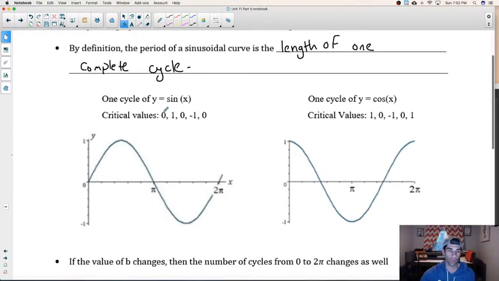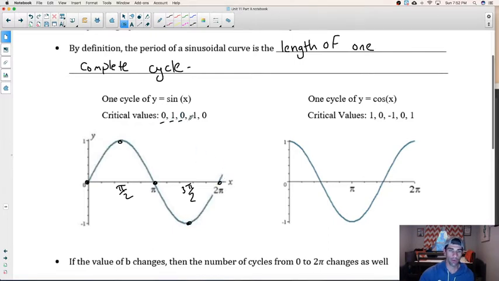This was important. We looked at those in previous lessons, the critical values, and remember those came at 0, pi over 2, pi, 3 pi over 2, and 2 pi. You notice here it was 0, 1, 0, -1, and 0.